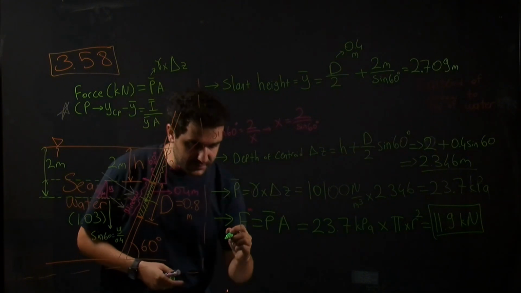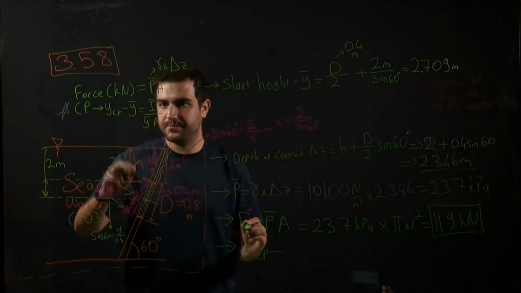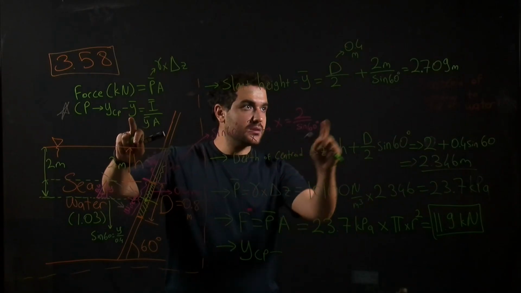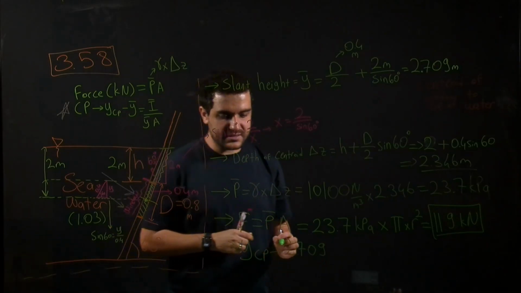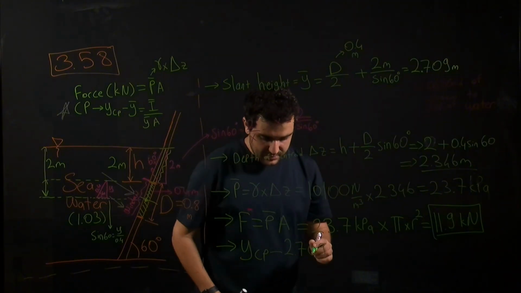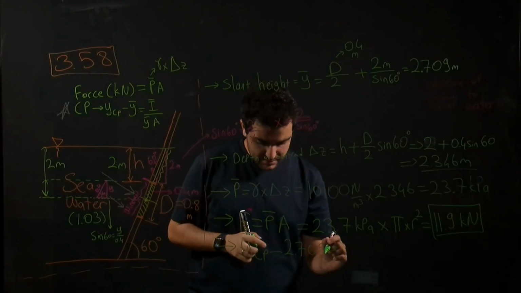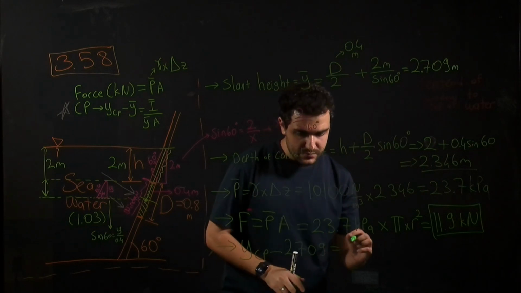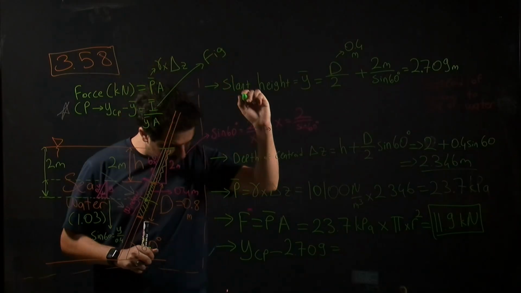And let me write here. We have center of pressure minus y bar. Yes, it is 2.709, and this is equal to inertia, and you can find it from figure A1.